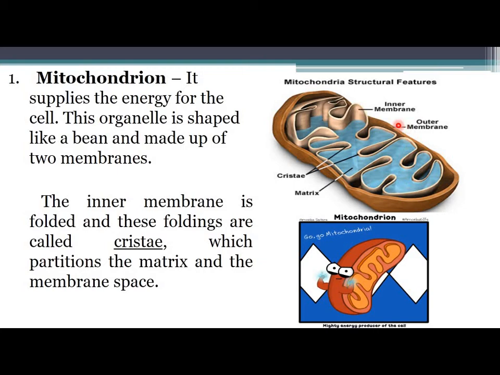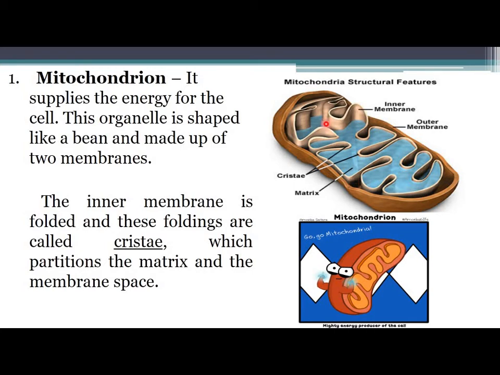So we have outer membranes, itong brown, and then we have here itong inner membrane. So the inner membrane is folded, and these foldings are called cristae. Yung mga folds na yan na tinatawag ay cristae, which partitions the matrix and the membrane space.